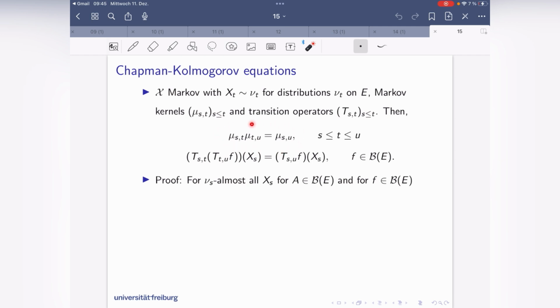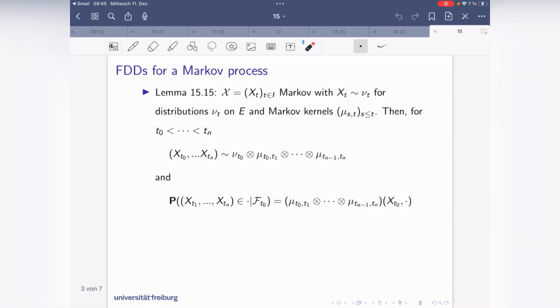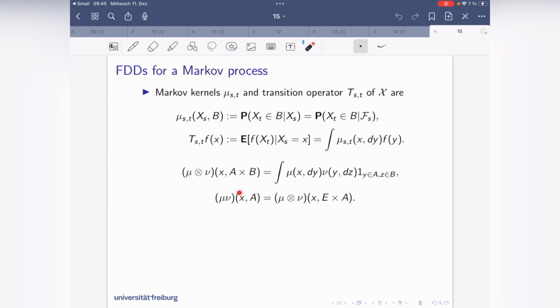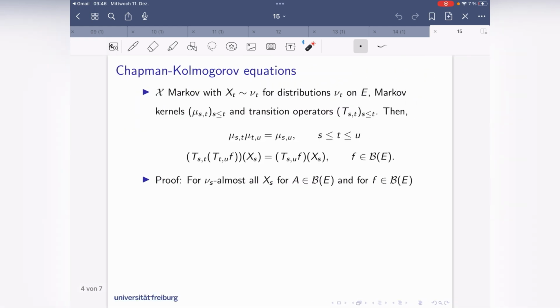So this here. Remember, the notation μ_st μ_tu is this product that we had here, μν. So here we said I'm going from x to somewhere using μ, and from the somewhere going to A using the kernel ν.